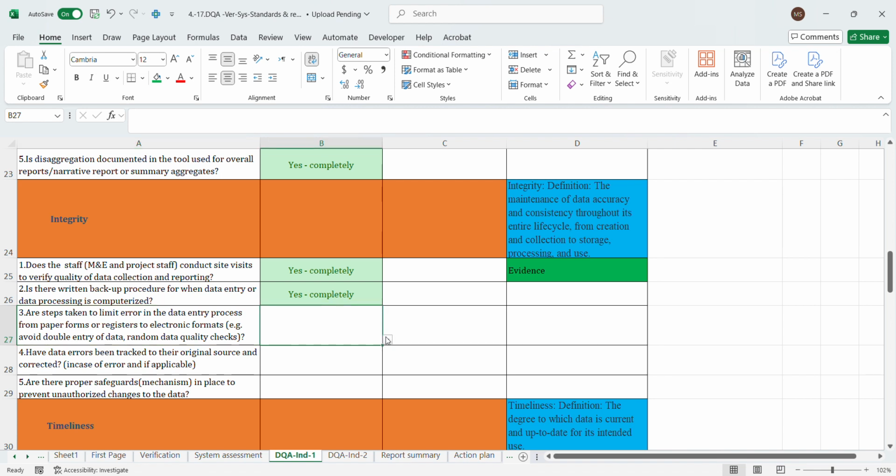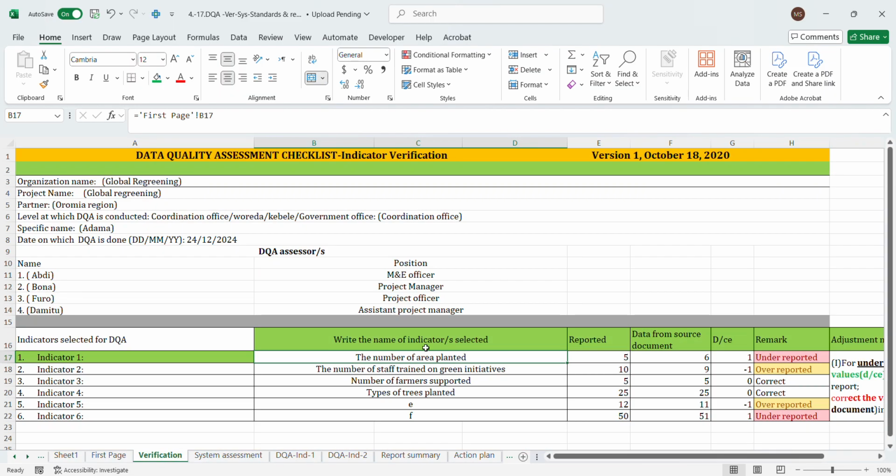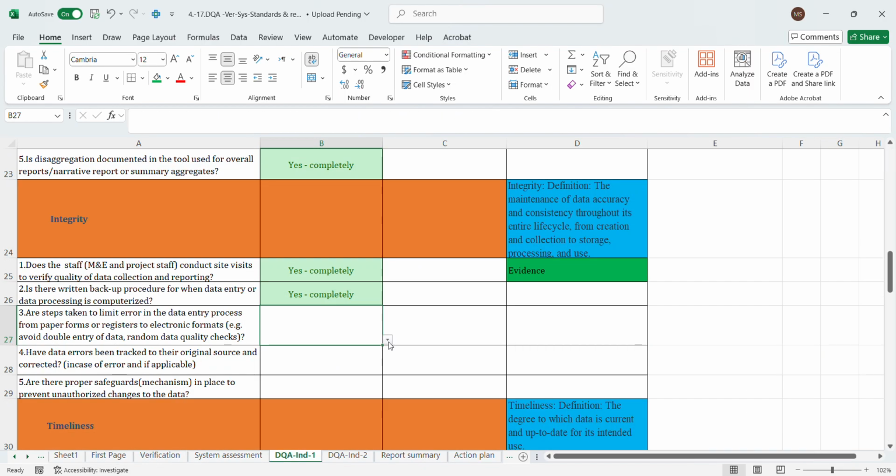For example, in the previous case we have seen that this indicator is underreported, so probably this is partly because the team did not check the source document properly. The next one is, have data errors been tracked to their original source and corrected in case of error, if applicable, of course.